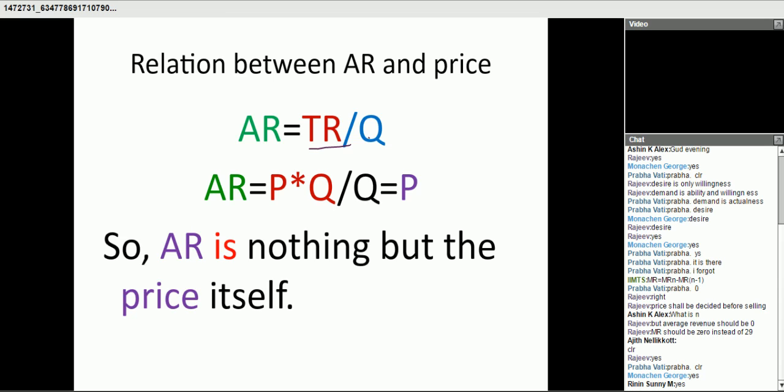It is price of one unit into number of units sold. So P into Q upon Q. As per the rule of mathematics, Q and Q will cancel each other, so what is left is P, the price of each unit. That is why we can say that average revenue is nothing but the price itself.